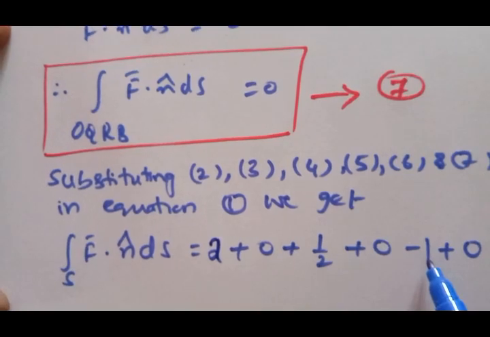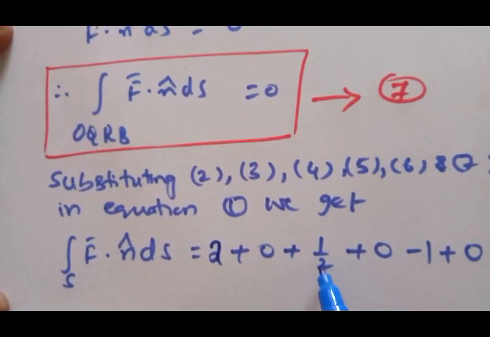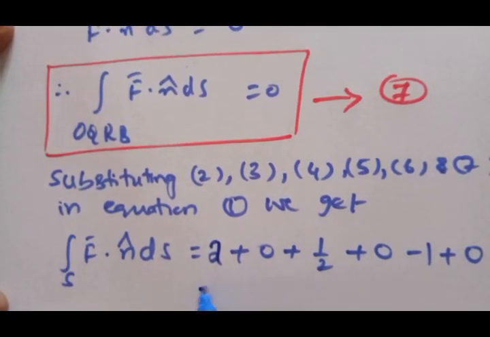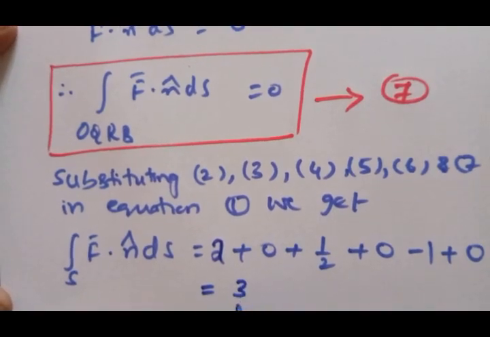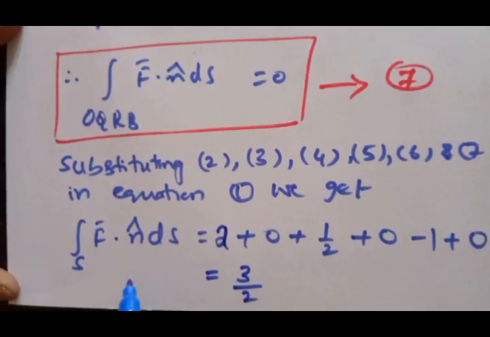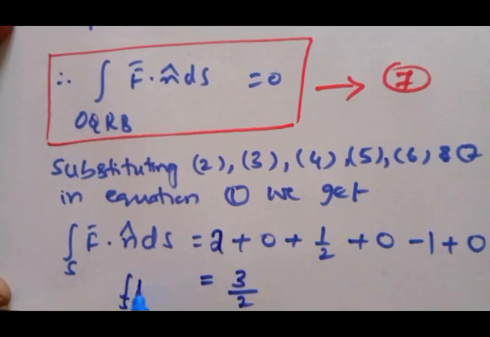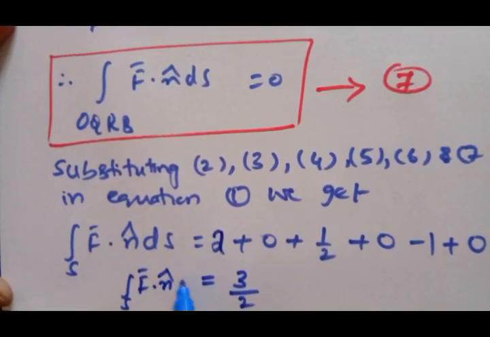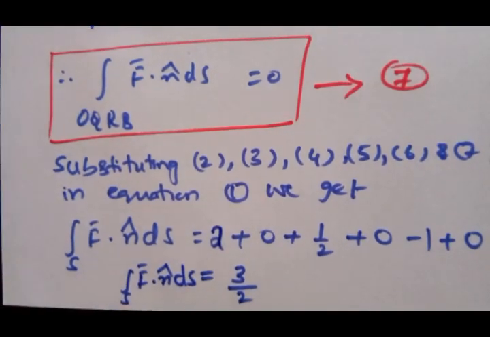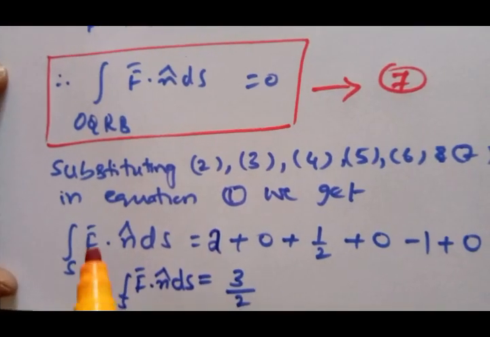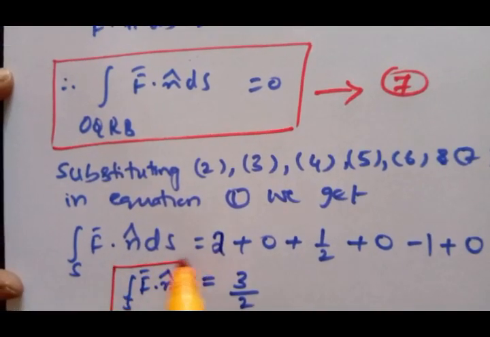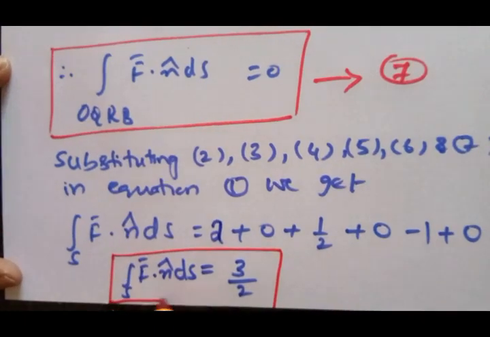So 2 minus 1 is 1. 1 plus 1 by 2 is equal to 3 by 2. Therefore, the integral over s of f bar dot n cap ds is equal to 3 by 2.